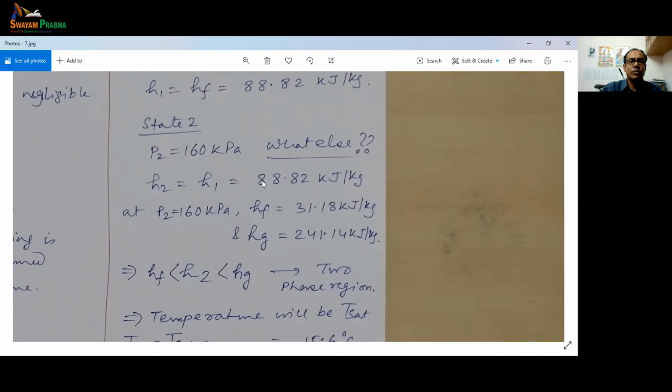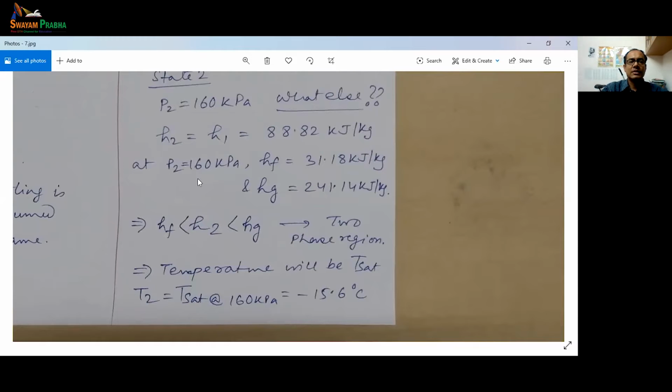So now we know two property values: one is pressure 160 kPa, and H2 that is 88.82 kilojoule per kg. At pressure 160 kPa we can look up the liquid specific enthalpy, that is 31.18, and the vapor specific enthalpy, that is 241.14.